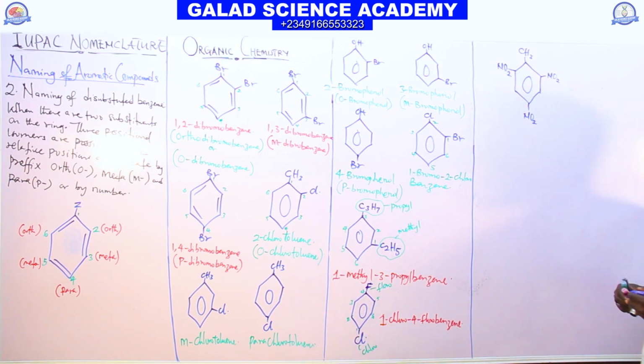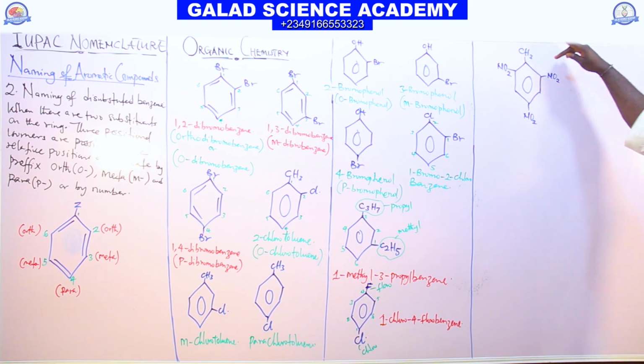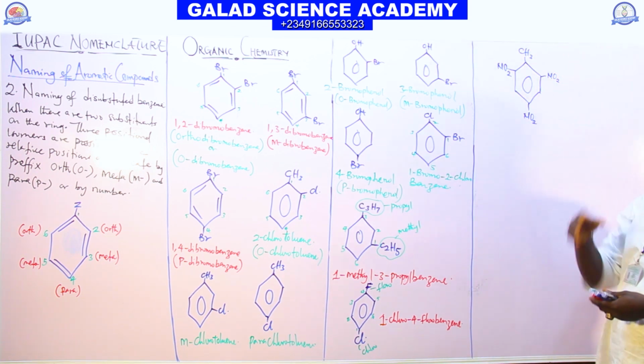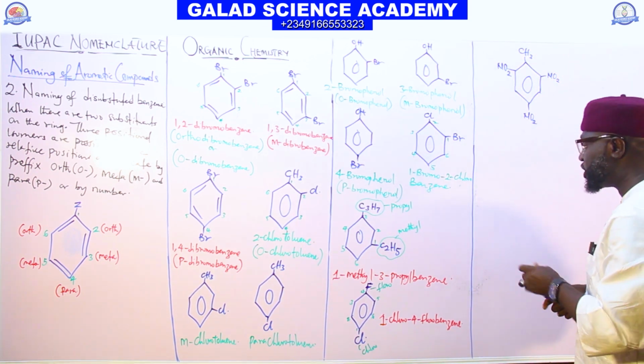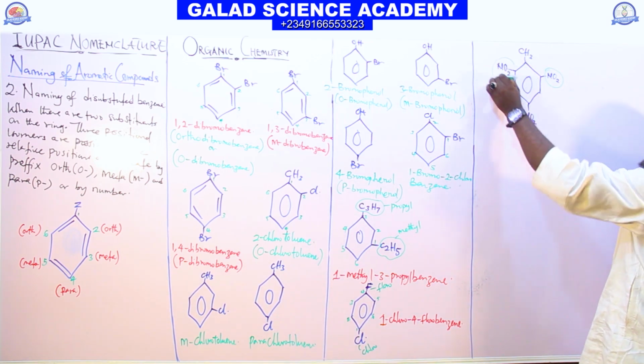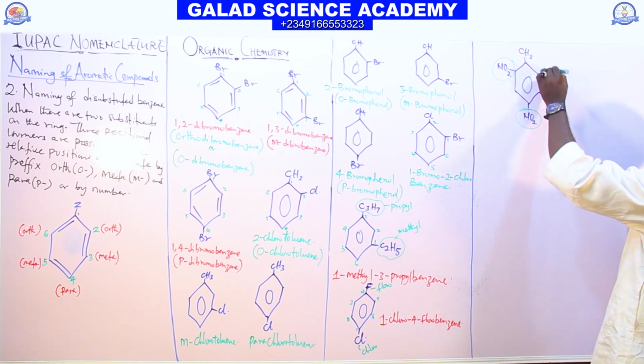Can you name this compound? This is methylbenzene. We call it toluene. So the parent chain is toluene. So these are substituted groups, substituted groups, substituted groups, and they are called nitro.